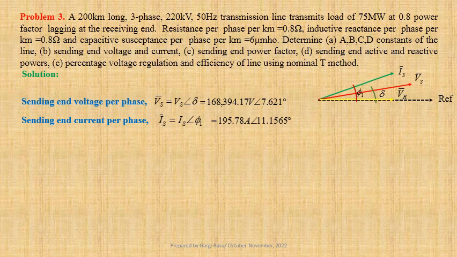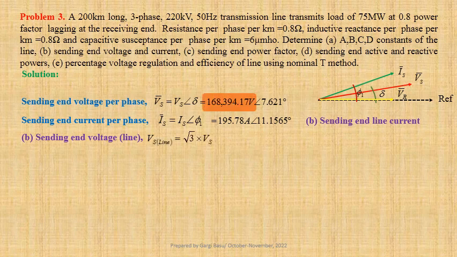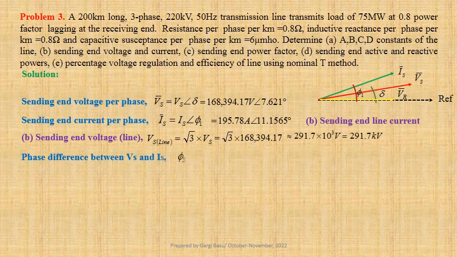For star connected system, sending end current per phase equals sending end line current, and line to line sending end voltage Vs line equals root 3 times Vs, that is equal to root 3 into 168,394.17, which is approximately equal to 291.7 into 10 to the power 3 volts or 291.7 kilovolt.